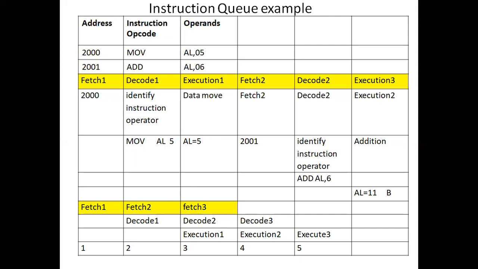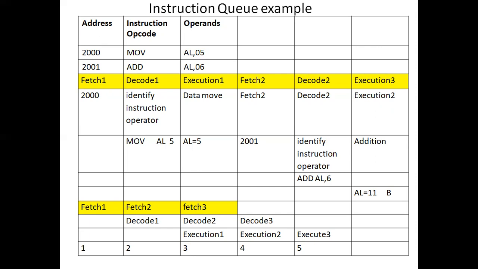When the first instruction completes its execution, the second instruction will start. In fetch 2, it will read the next address, that is 2001. In decode 2, it will identify the instruction and operands, that is, add is the arithmetic or addition instruction, and operands are AL, a register, and 6, an immediate data.